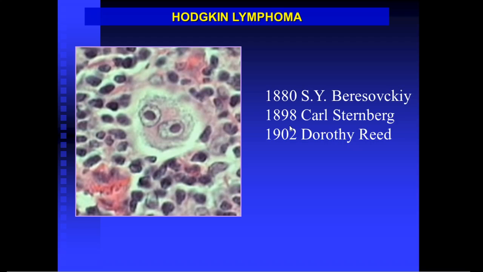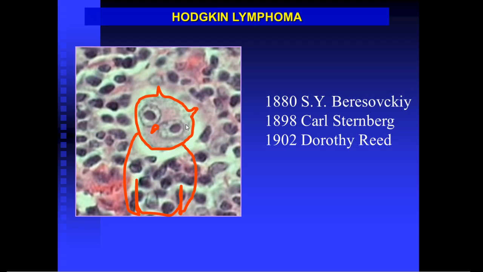So what is this? You see a big cell. You see a lot of cytoplasm. Inside this cell, there are classically two nuclei, and inside each nucleus, one big nucleolus. In literature, you can find the term owl eyes, the eyes of the owl, as you see in the picture.